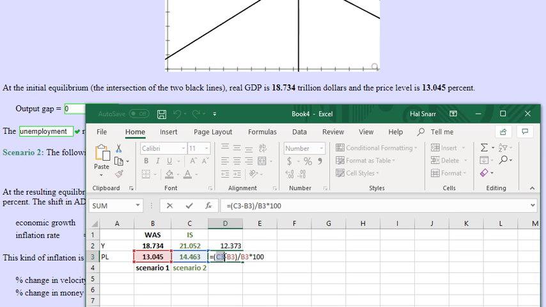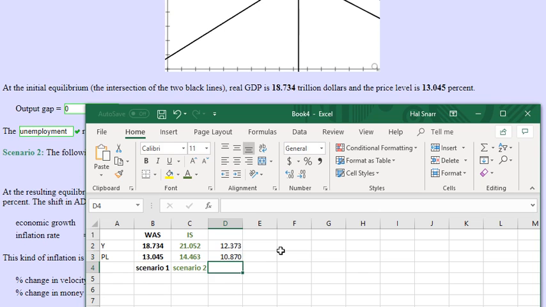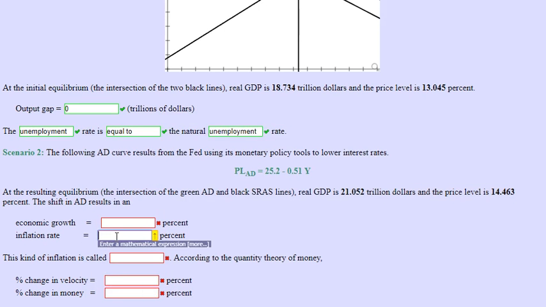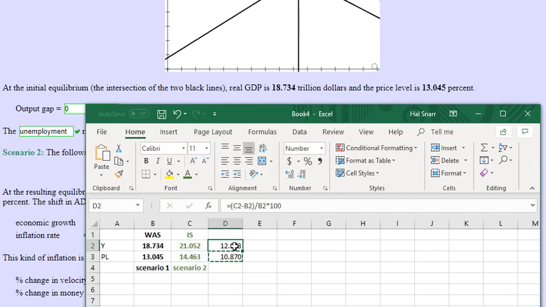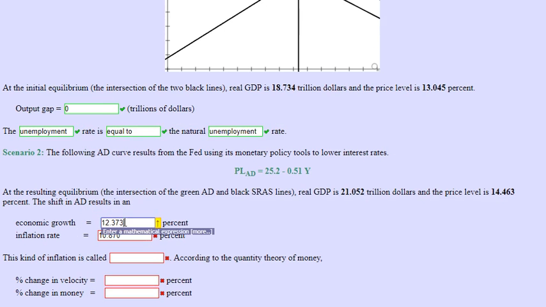The inflation rate is calculated by taking the price level in scenario 2, subtracting what it was in scenario 1, dividing that difference by what it was in scenario 1, and then multiplying by 100. So we have an inflation rate of 10.870 and an economic growth rate of 12.373.